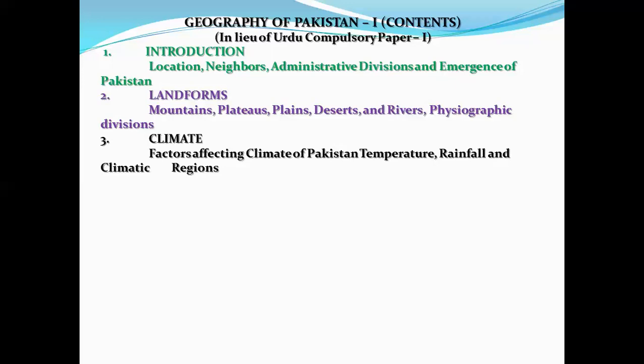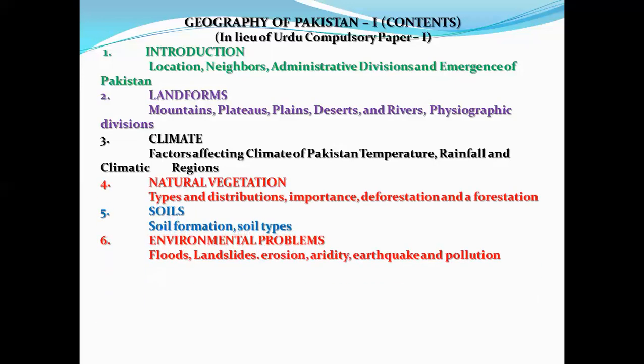Third chapter you have also finished in junior class. In this chapter, you have studied factors affecting climate of Pakistan, high temperature, rainfall, and climatic regions. Dear students, today we will start the chapter number 4.